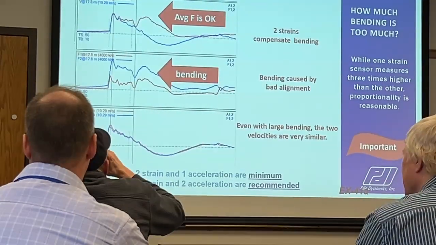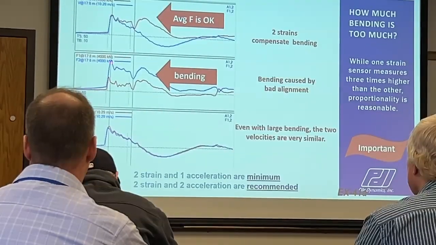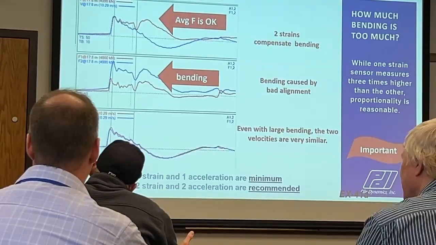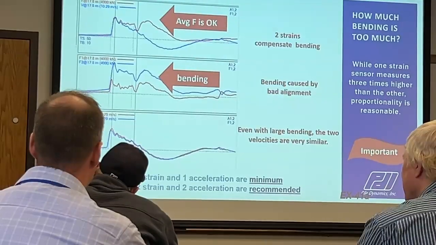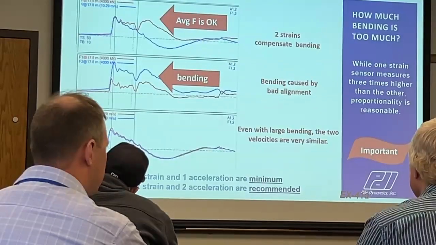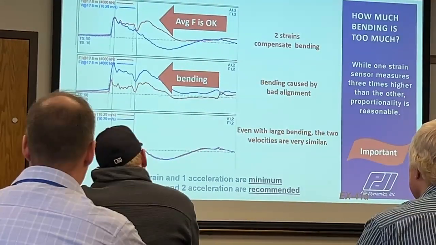And he rolled his eyes and he did it. And then on the very next blow, the red line was up here and the blue line was down there. And so the act of trying to correct the bending actually made it go in the other direction. So instead of fixing the problem and making it perfect, I just wasted everybody's time.